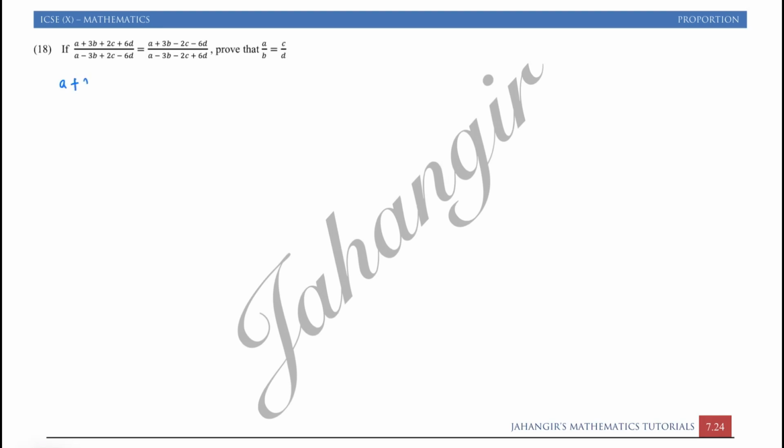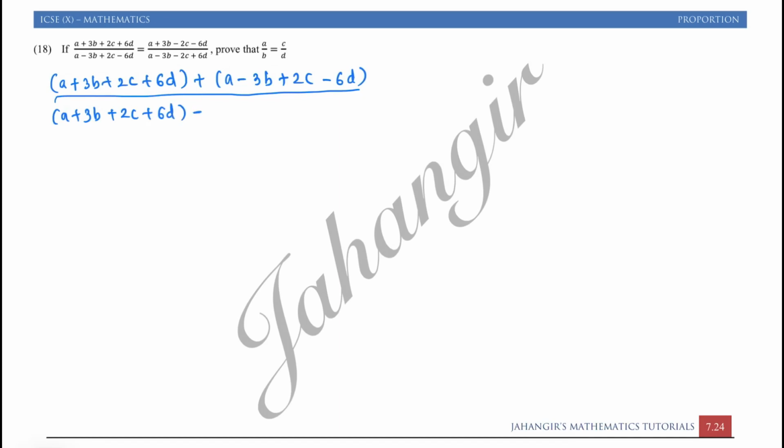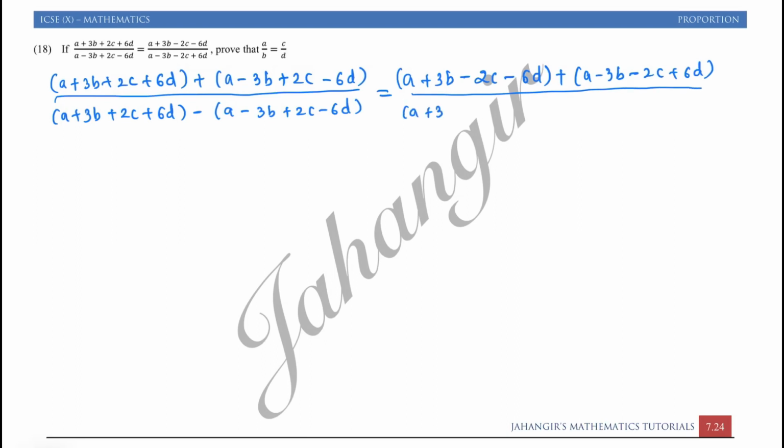So for that I will write numerator a plus 3b plus 2c plus 6d, keeping in bracket, plus a minus 3b plus 2c minus 6d, whole upon again a plus 3b plus 2c plus 6d minus a minus 3b plus 2c minus 6d, that is equal to, on the other side, let's write in bracket so that we can avoid sign mistakes, a plus 3b minus 2c minus 6d plus a minus 3b minus 2c plus 6d, whole upon a plus 3b minus 2c minus 6d, minus a minus 3b minus 2c plus 6d.